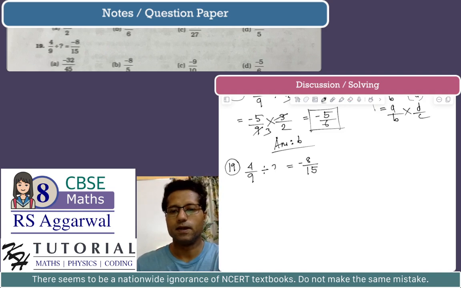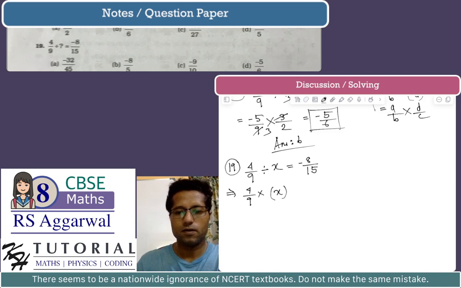So we have 4 by 9 divided by x is equal to minus 8 by 15. So this implies 4 by 9 divided by x is nothing but 4 by 9 multiplied by the multiplicative inverse of x, equal to minus 8 by 15.